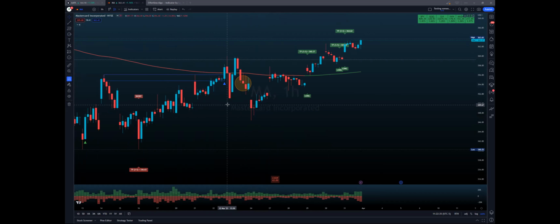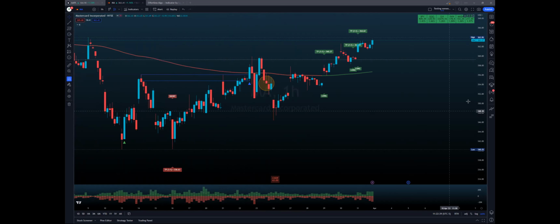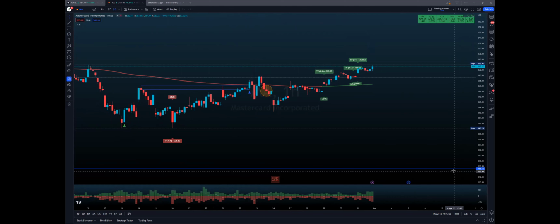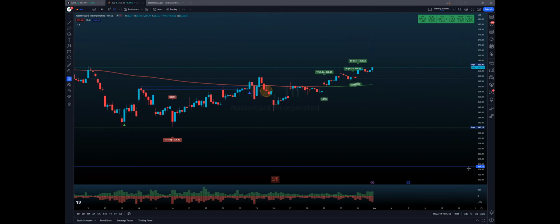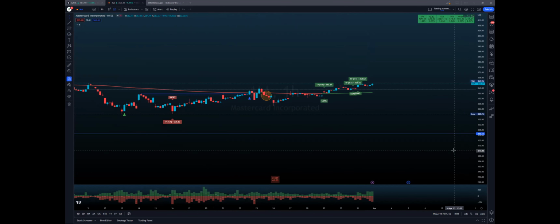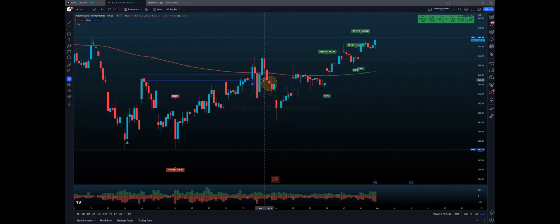I sold the 325 put, right? So I sold a put right here and bought the 310 put all the way down here. So I sold this put at 325, and at the time the stock was trading at 354.